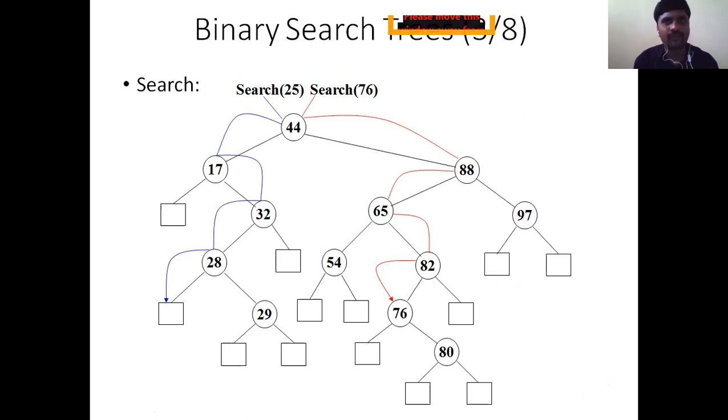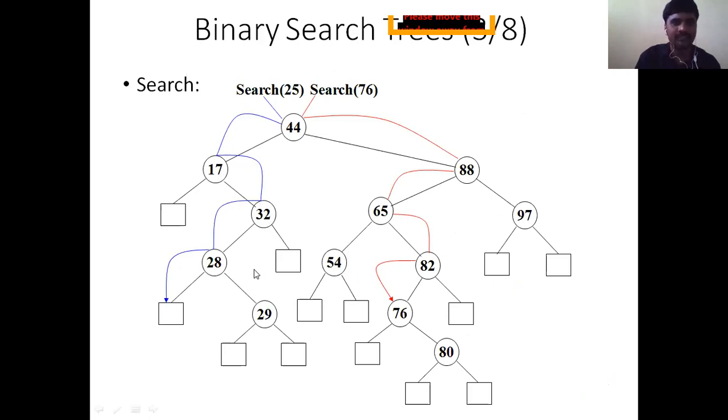Coming to finding or searching the numbers 25 and 76 in a tree, how can we go? Here 44 is the root of the tree. Then we want to search for node 25. Where is the 25 node here?